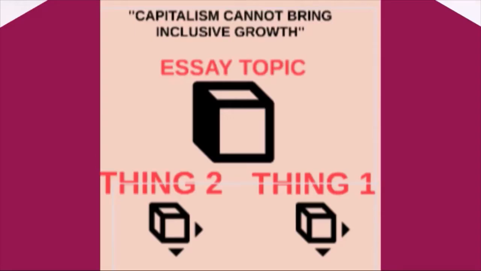And those words you will see will turn into points, which we will use extensively in our essay. This time, I want you to write down 12 to 15 words which come to your mind when you think about the word capitalism. Let's see what comes to my mind when I think about it.